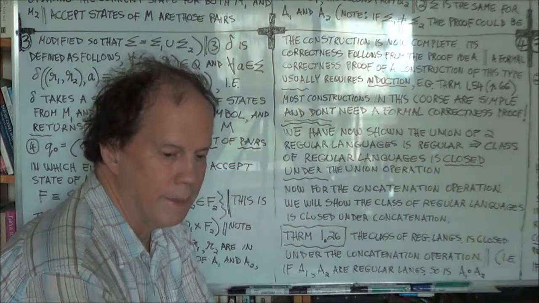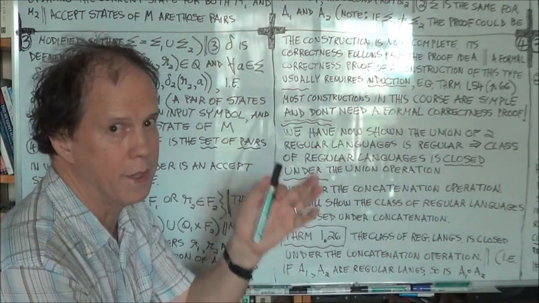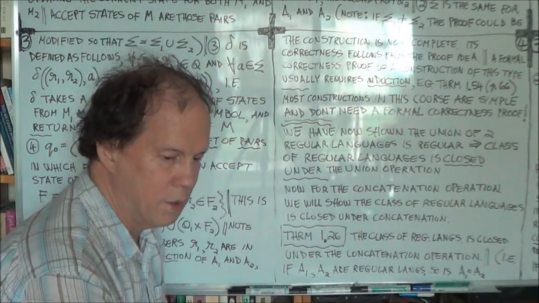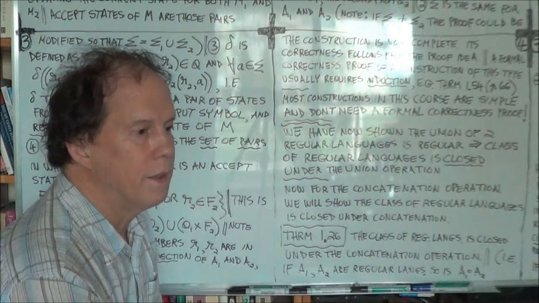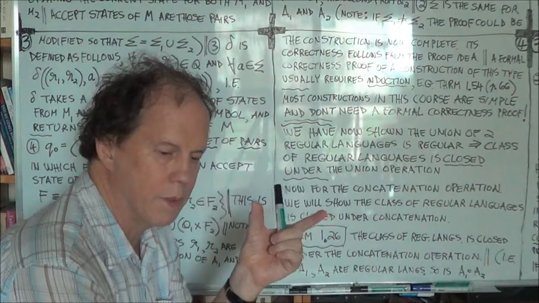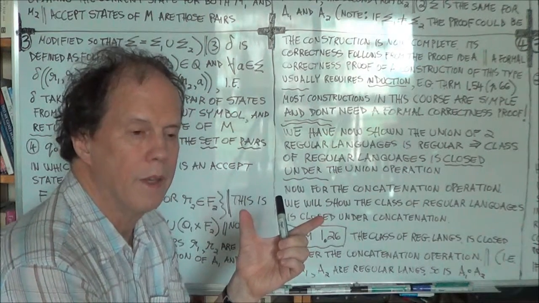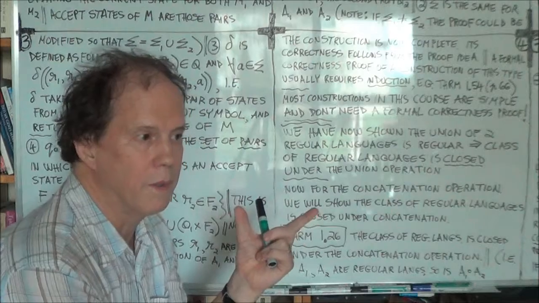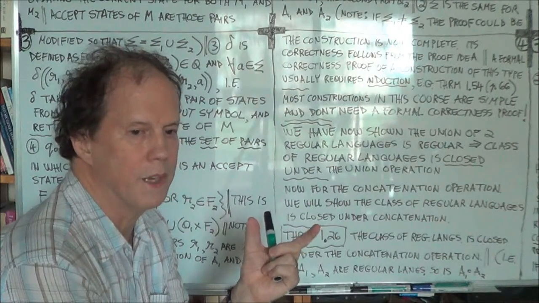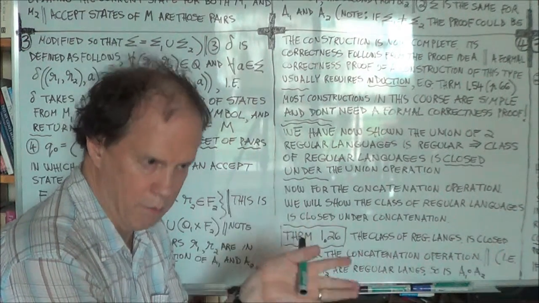It talks about, for example, how the ordered pairs, in other words the states of M, transition to other states, and when the final input symbol has been read, then if the first member of the ordered pair is in an accept state of machine M1, then M accepts, or if the second member of your ordered pair is in an accept state of machine M2, then M will accept.